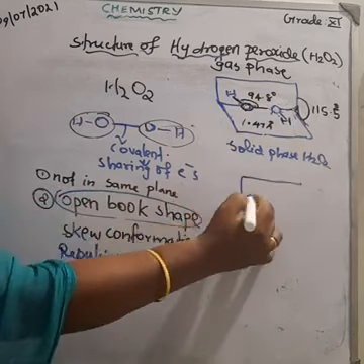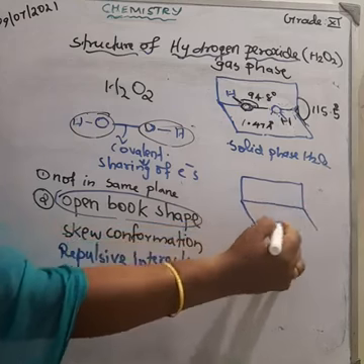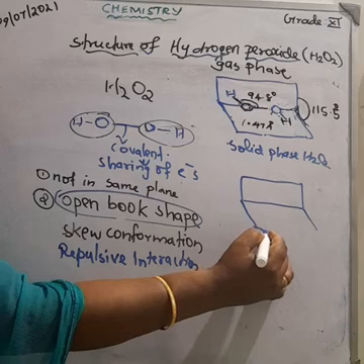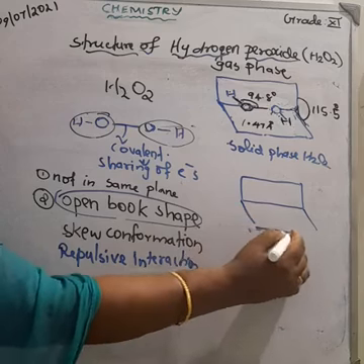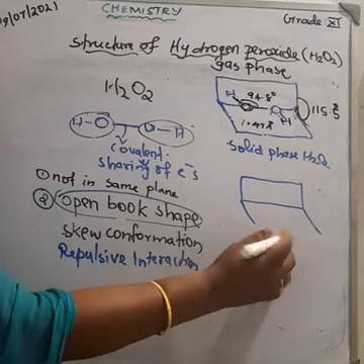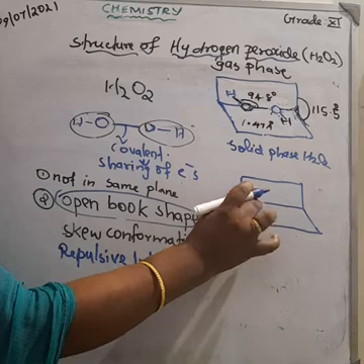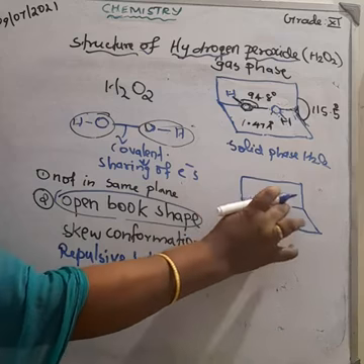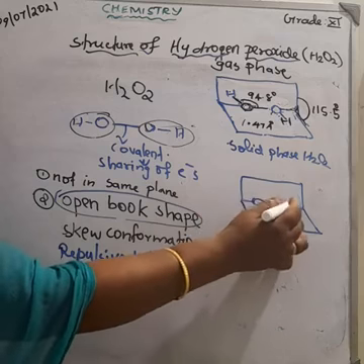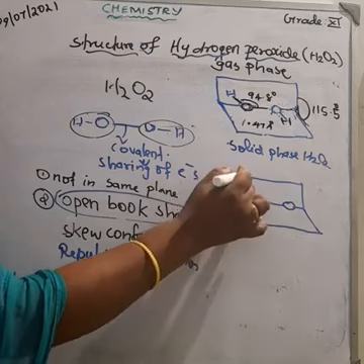In this open book structure, the two hydrogen atoms lie on the pages of the partly open book, and the two oxygen atoms can be considered to be lying on the spine of the book.